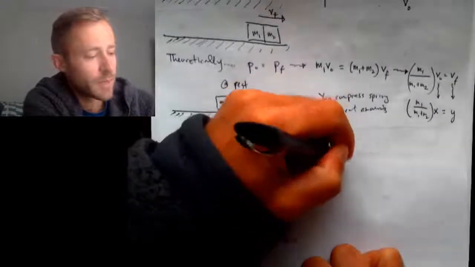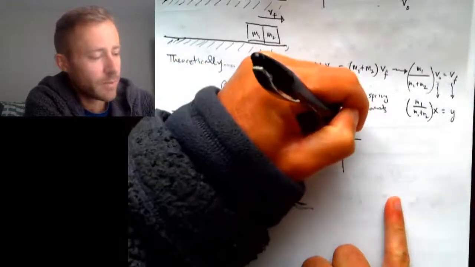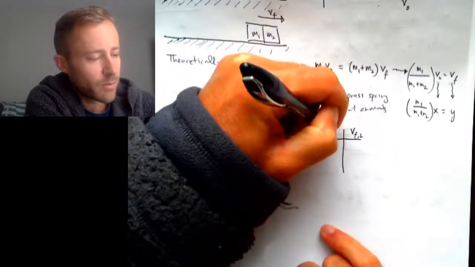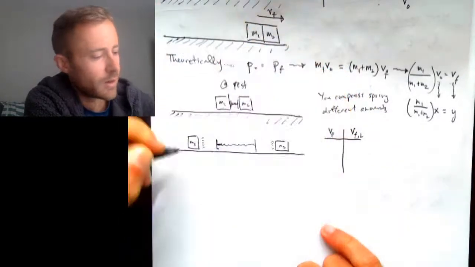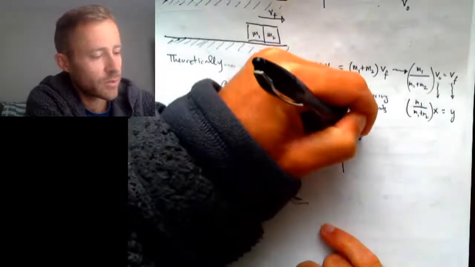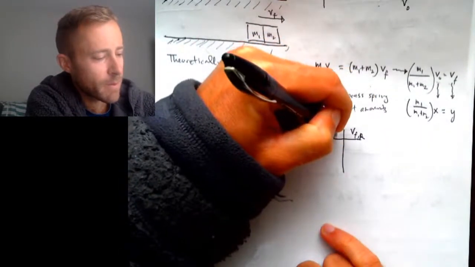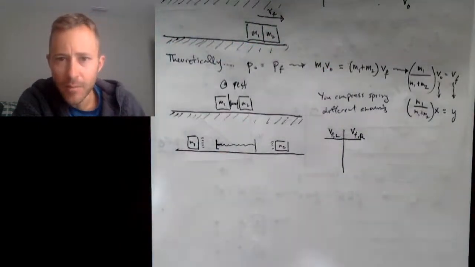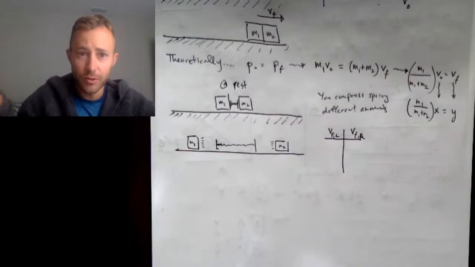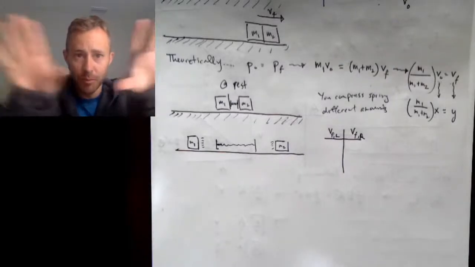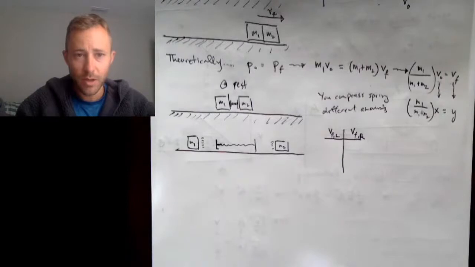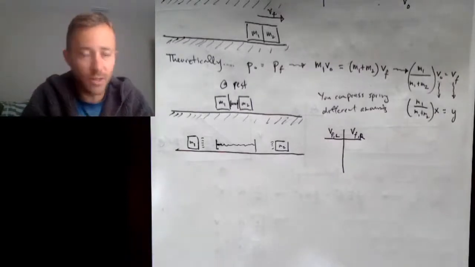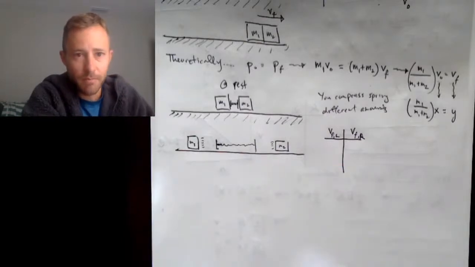So you measure the final speed of the left object and the final speed of the right object. This is the right object. Okay? And so you see what is the relationship between these two final speeds when you compress it different amounts. So the purpose of the different amounts of compression is purely to get different launch speeds.